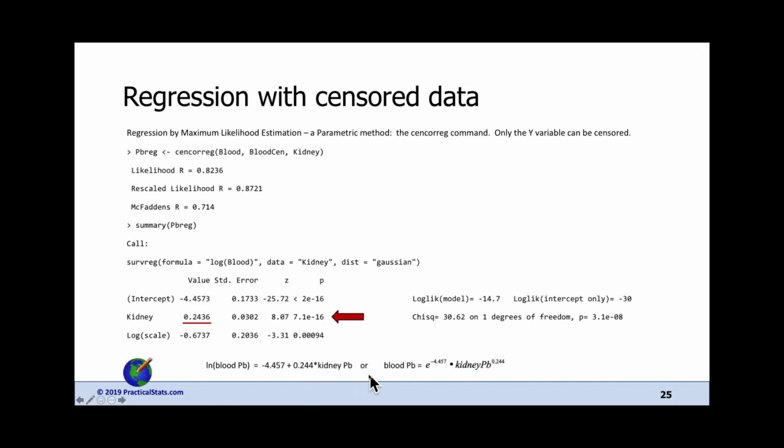I put this on the PowerPoint, but here's the formula down below. The log of blood lead has the intercept and slope, and then you can just transform that and get the simple exponential type, power type equation, which will look like a curve.